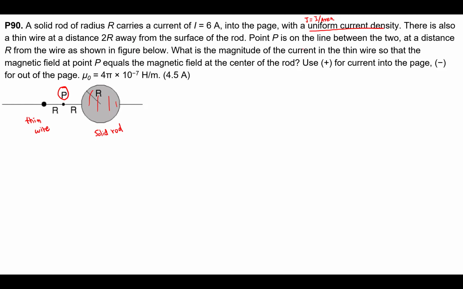And what is the magnitude of the current in the thin wire so that the magnetic field at point P equals the magnetic field at the center of the rod? So we have to find, first of all, B at P, and then B at the center of the rod.